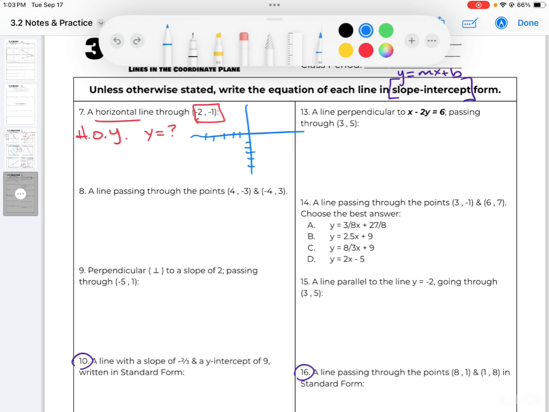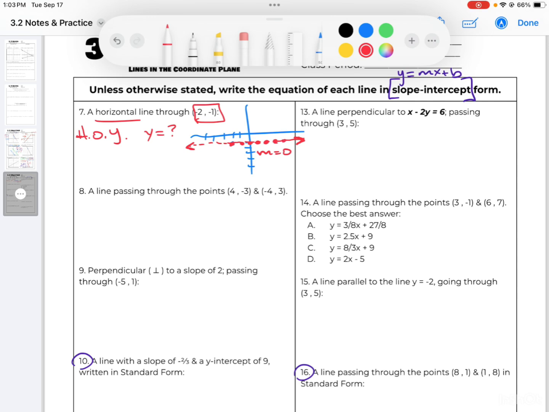That's not a great point. Let me make that a little better. It's a horizontal line that goes through -2, okay? So completely flat line, slope is 0. And if I asked you, what is the y value of this line? Well, it's -1 here, it's -1 there, and there, and there.